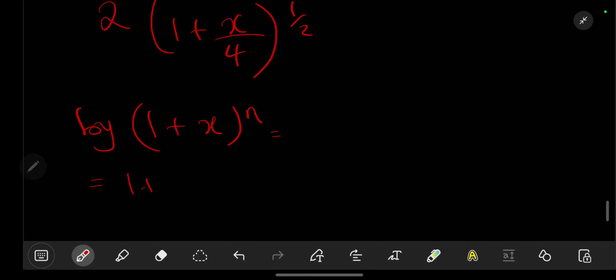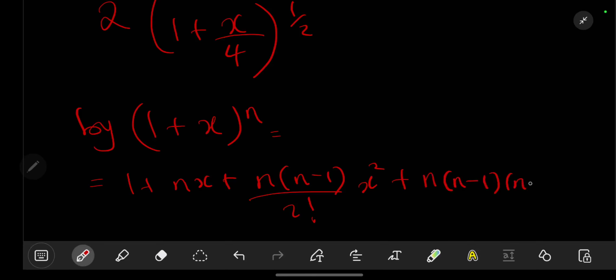So you have your 1 plus your nx plus your n times n minus 1 over 2 factorial x squared plus n times n minus 1 times n minus 2 over 3 factorial x to the power of 3, like that.